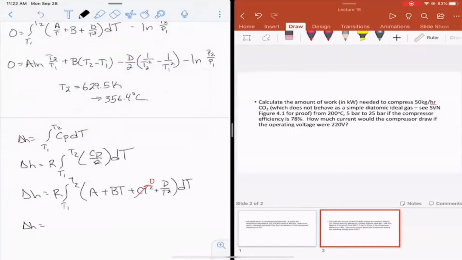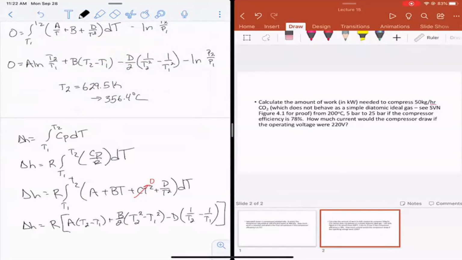So delta H equals R times A times T2 minus T1 plus B over 2 times T2 squared minus T1 squared minus D times 1 over T2 minus 1 over T1.